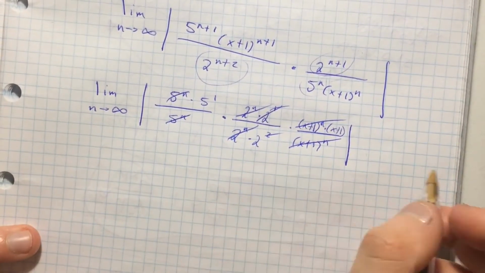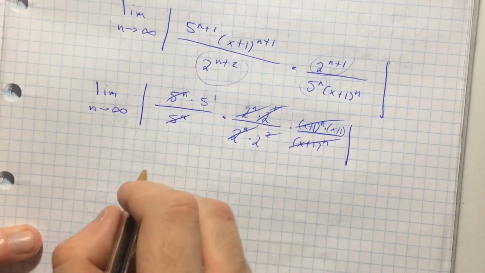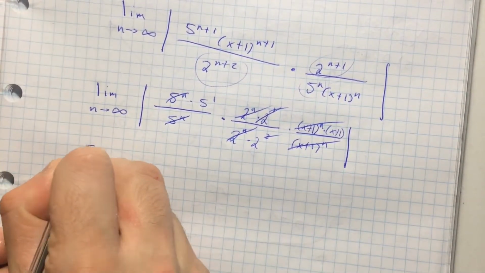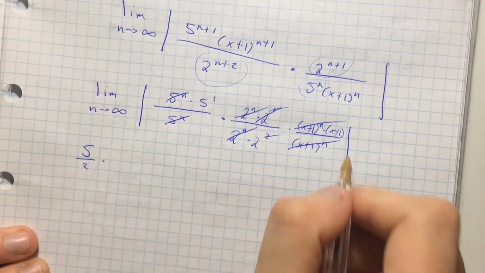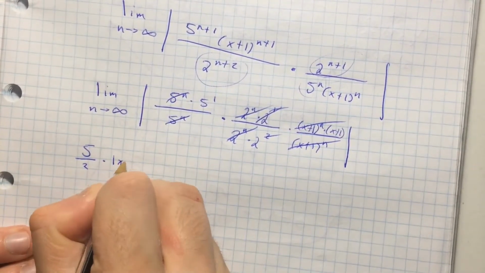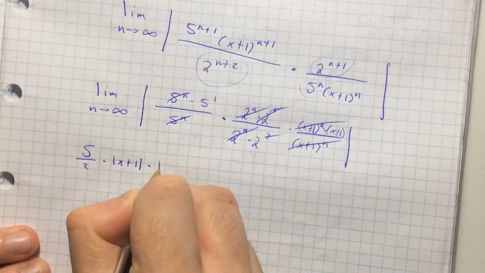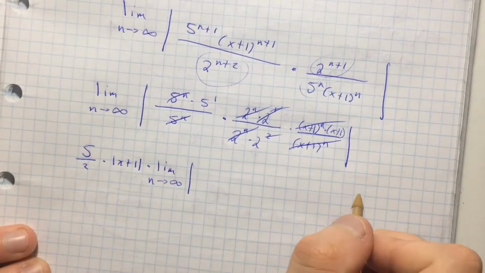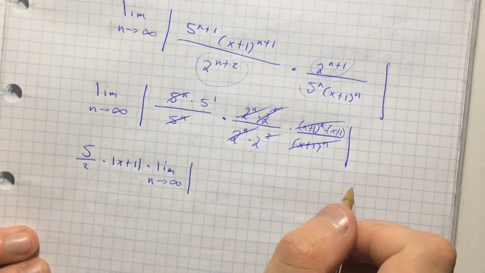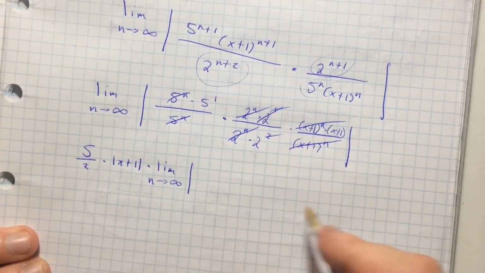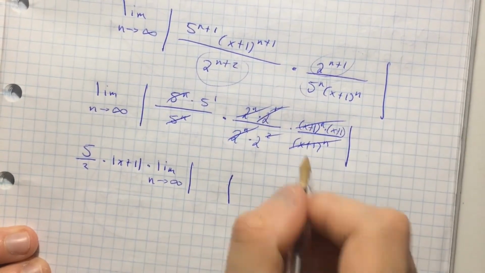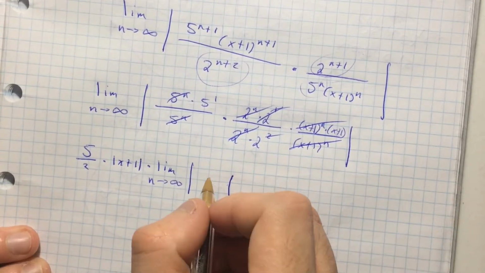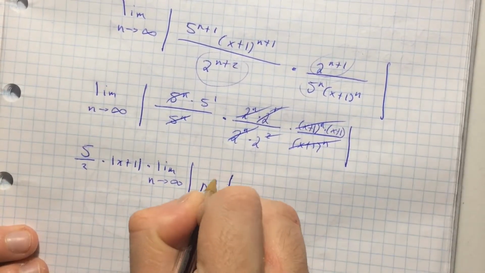If you don't remember what to do, you pretty much bring everything outside of the absolute value that's not dependent on n. So now you've got 5 over 2 times the absolute value of x plus 1 times the limit as n approaches infinity of what? See, that's the problem. Everything's been taken out. The way around this is to say that this is technically n to the 0.